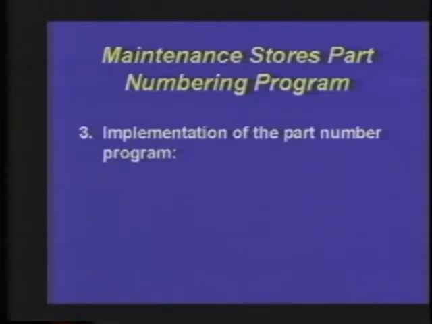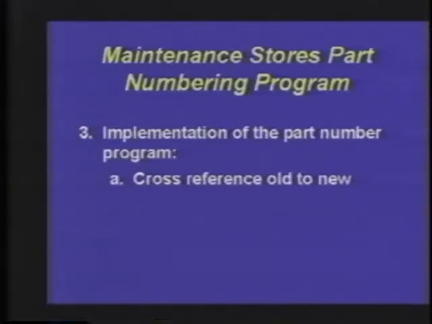Item number 3 is the implementation of the part number program itself, which means once we have started to develop the part numbers, we would want to have a cross-reference list from old to new and new to old.